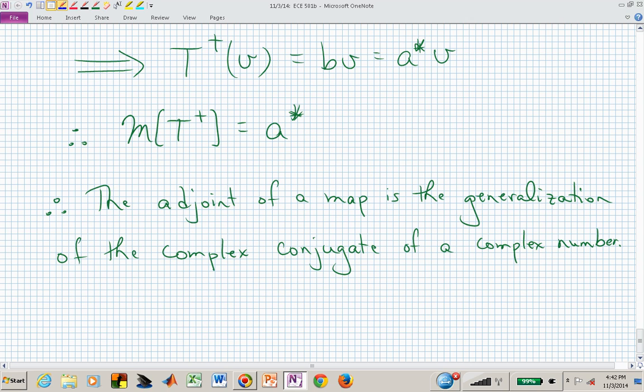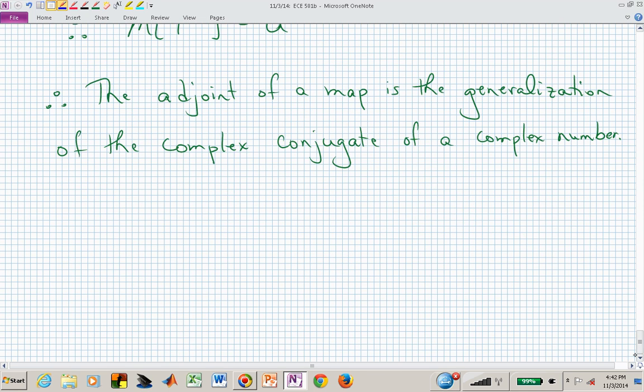And we showed that with a simple map of going from C to C. What if we specialized that map to be self-adjoint?